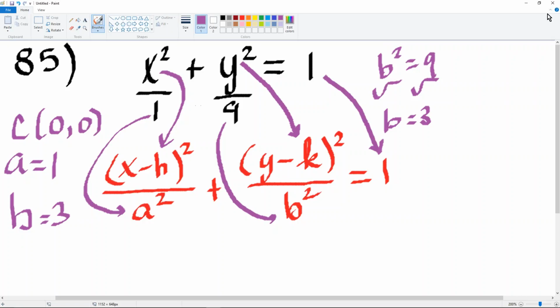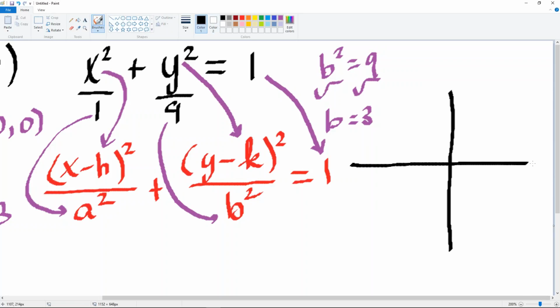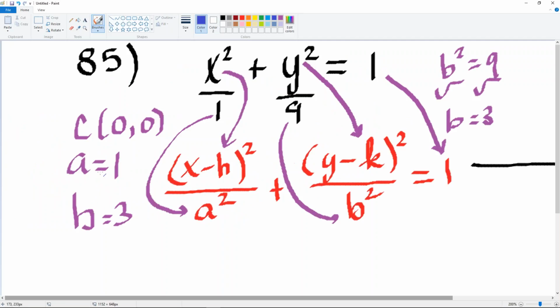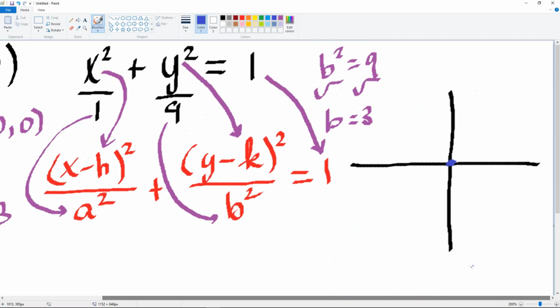So you have an ellipse. Let me draw it here on the side. Its center is 0, 0. And right here it's telling you that a is 1. a is under what letter in the problem? x. Good. So that means you're going to move 1 unit on the x-axis.